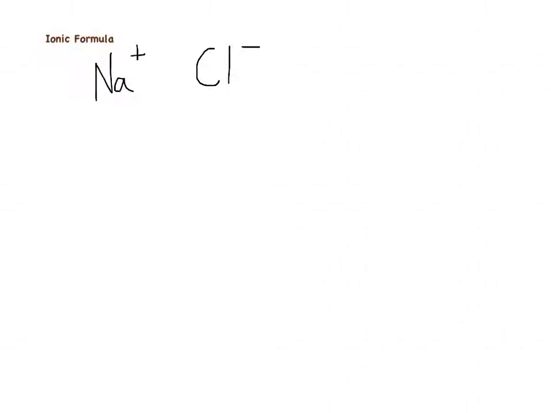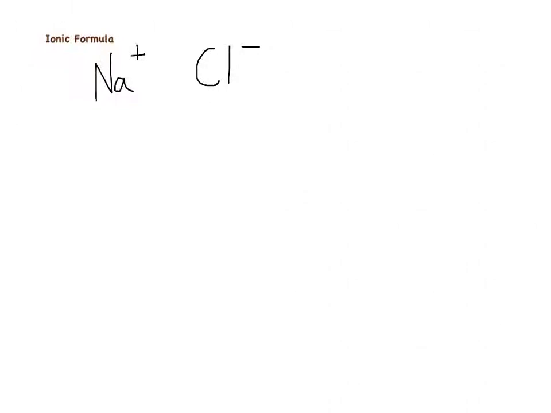So when the sodium comes together with the chloride, they actually form this very complex crystal structure, but they do so in such a way that their charges cancel out. So the overall ratio will be so that it becomes electronically neutral. So ionic formulas are probably the most complicated, but I'm telling you, they're actually pretty easy. They're not hard at all.